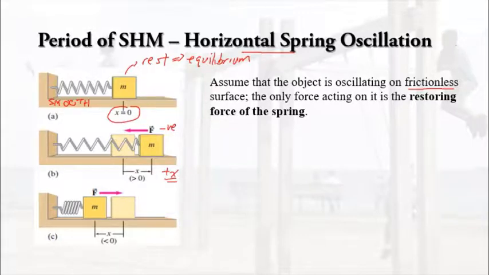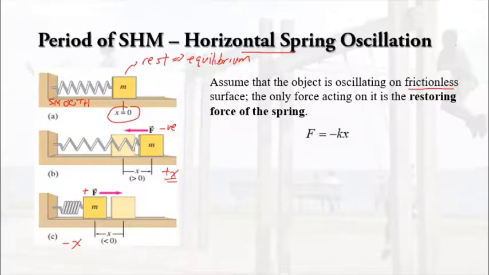If you compress the spring, if you push this object to the left, meaning towards a negative displacement, the restoring force is always heading to the right. It's trying to push the object back to its original position, which is located on the right hand side. Therefore, your F is a positive value because it's pointing to the right. So this is the restoring force in the spring.